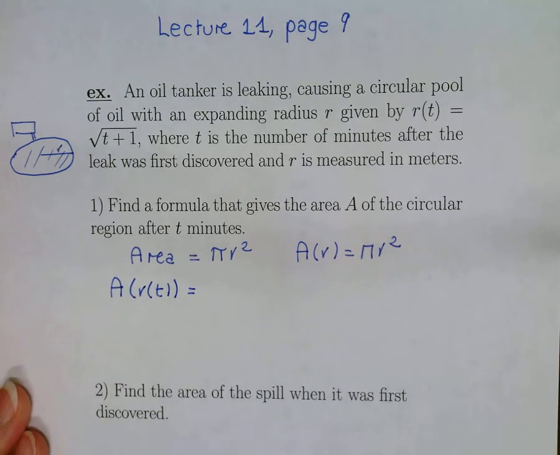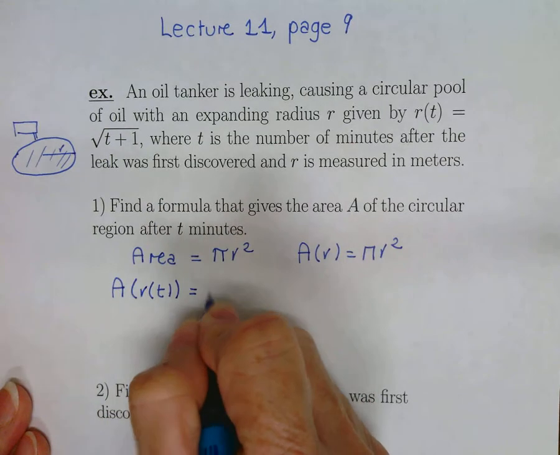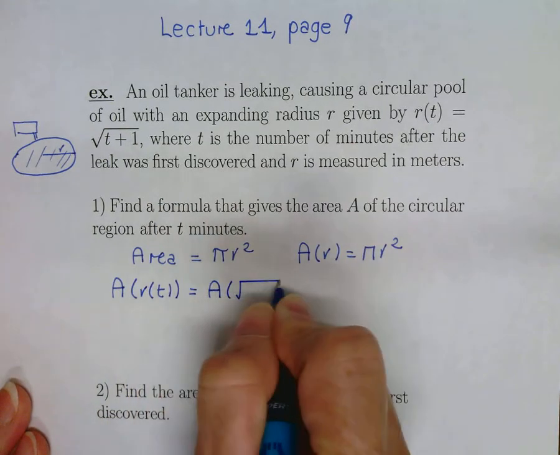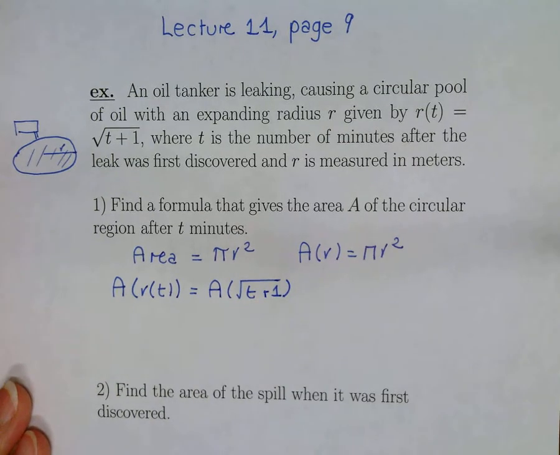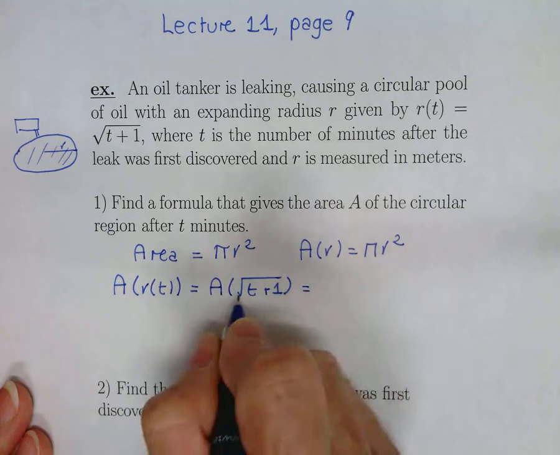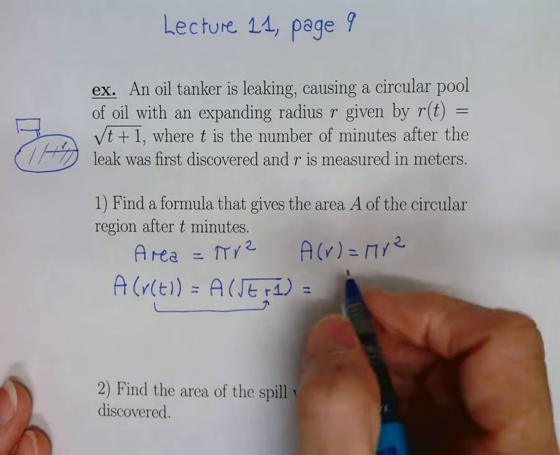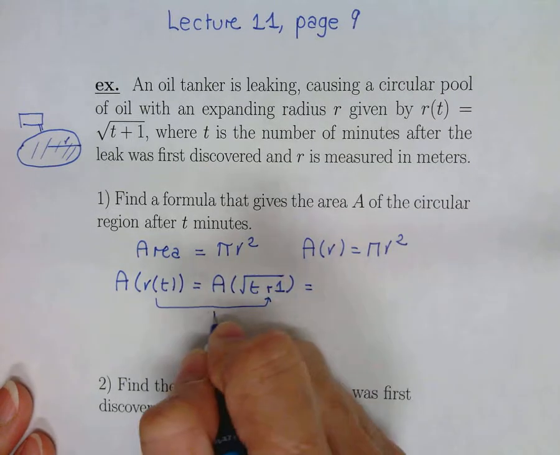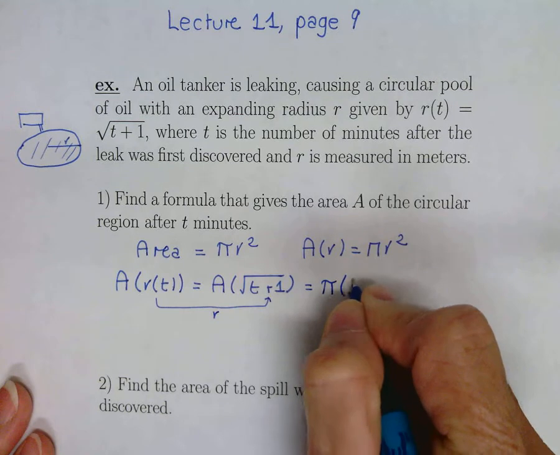So a of r of t says, okay, we use r of t first. And we apply a to the result. This now is r. And a says, oh, okay, no problem. Whatever that is, you square it.